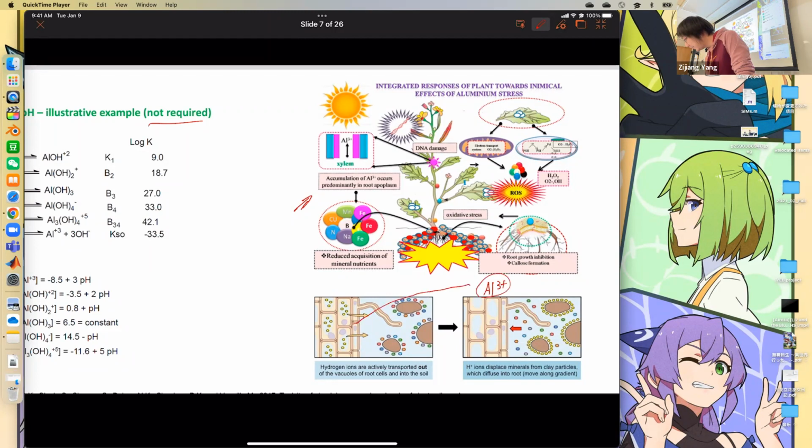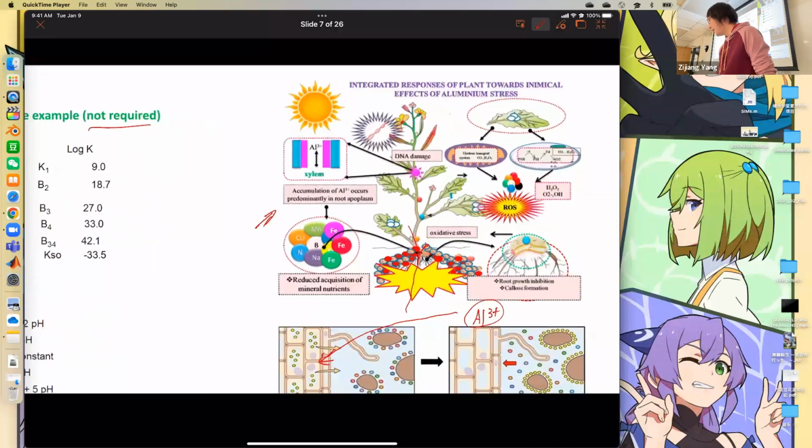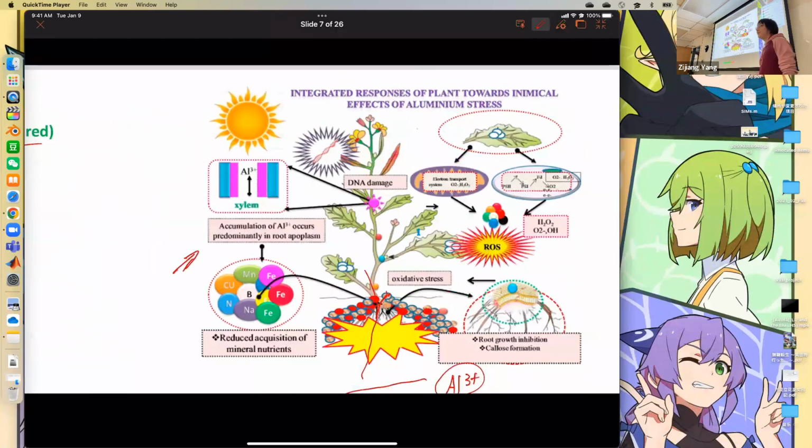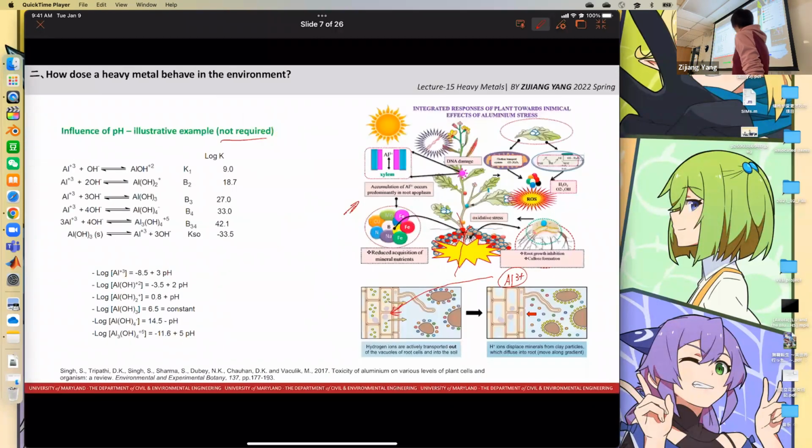Only the metals in ionic form can be absorbed by the plant. And when it is absorbed, aluminum is a toxic metal, although it is not a heavy metal. It will have different negative effects on the plant, which is bad. So basically, we do not like the metals in the ionic form.